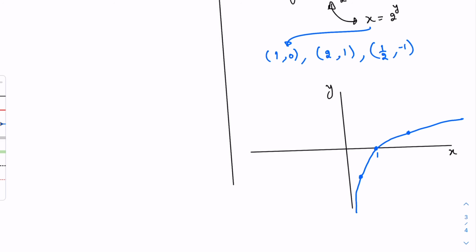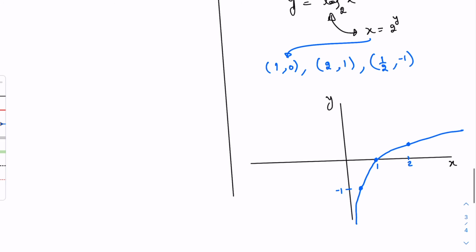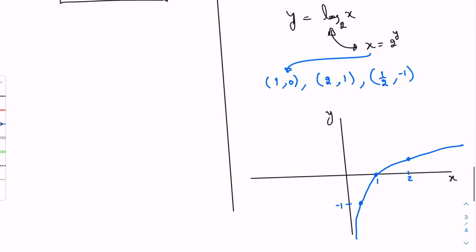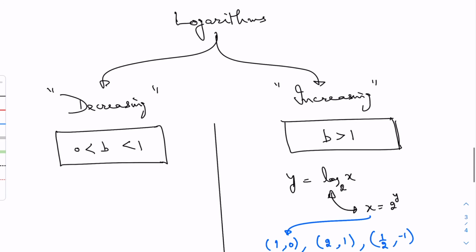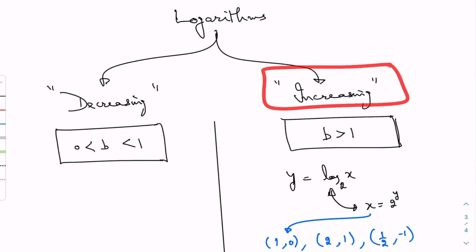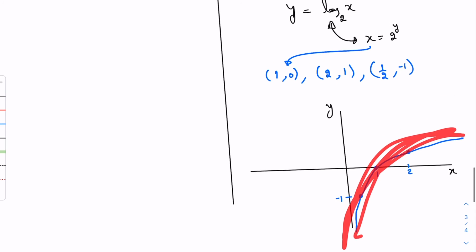So this is 1, and this is happening at 2. This point is -1, half, -1. So this is the curve y is log x base 2, and we can see that this is an increasing curve, and so that's why this title has been provided to them.